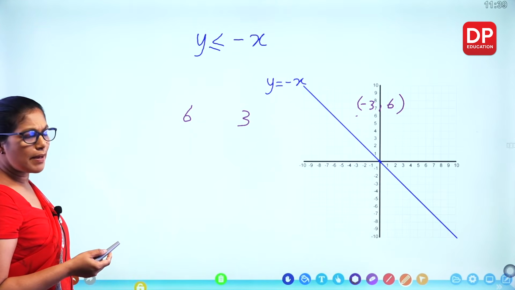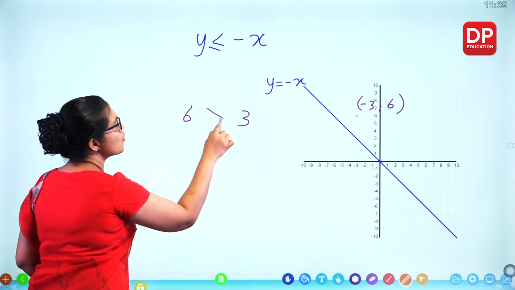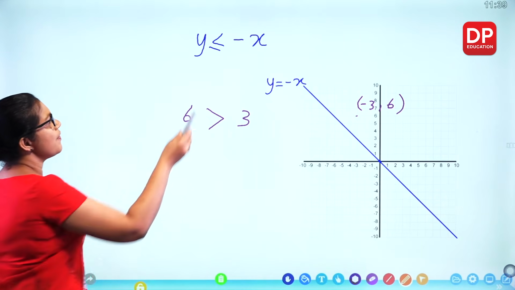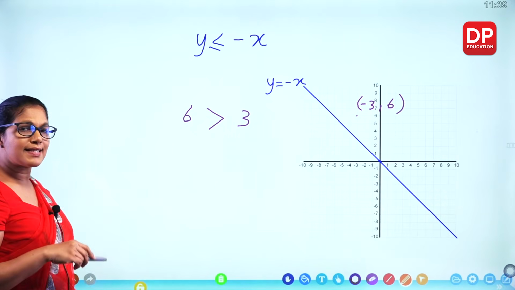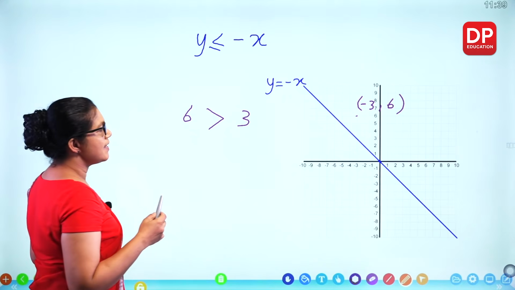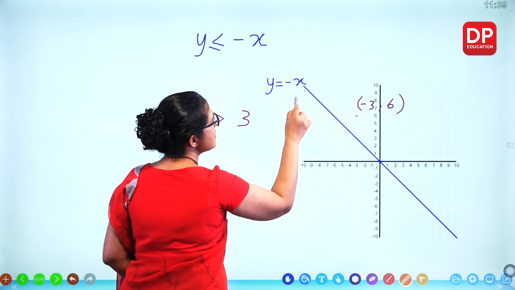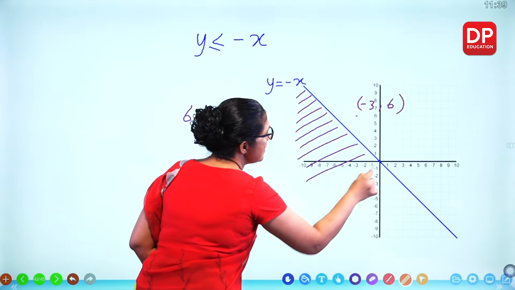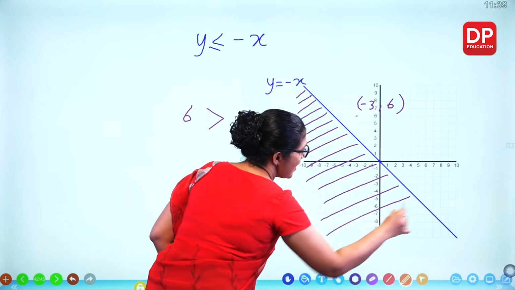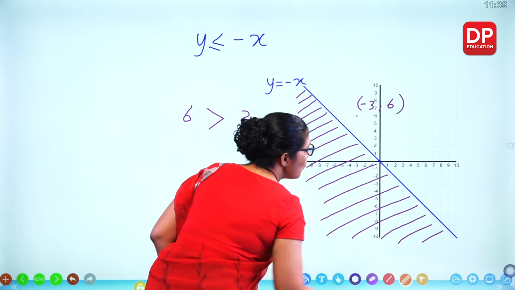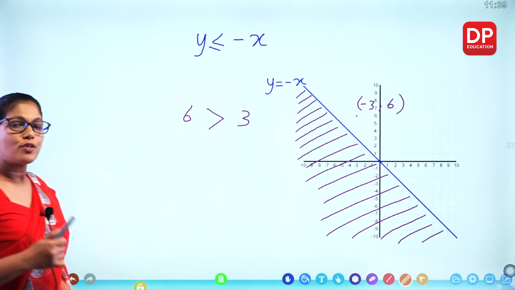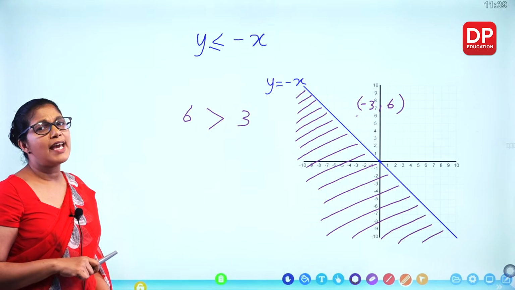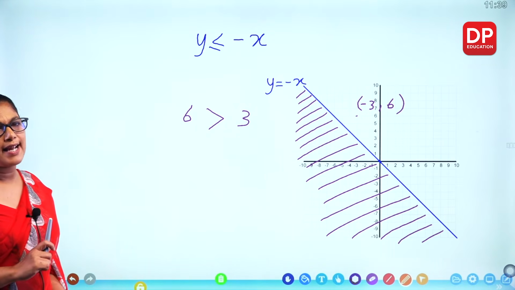So which one is bigger? 6 is bigger, 6 is greater than 3. But the region you want is the less than side. So that means the appropriate region that satisfies y less than or equal to -x is this side. So when you want to find out which region satisfies the inequality, it is better to take a point and decide.